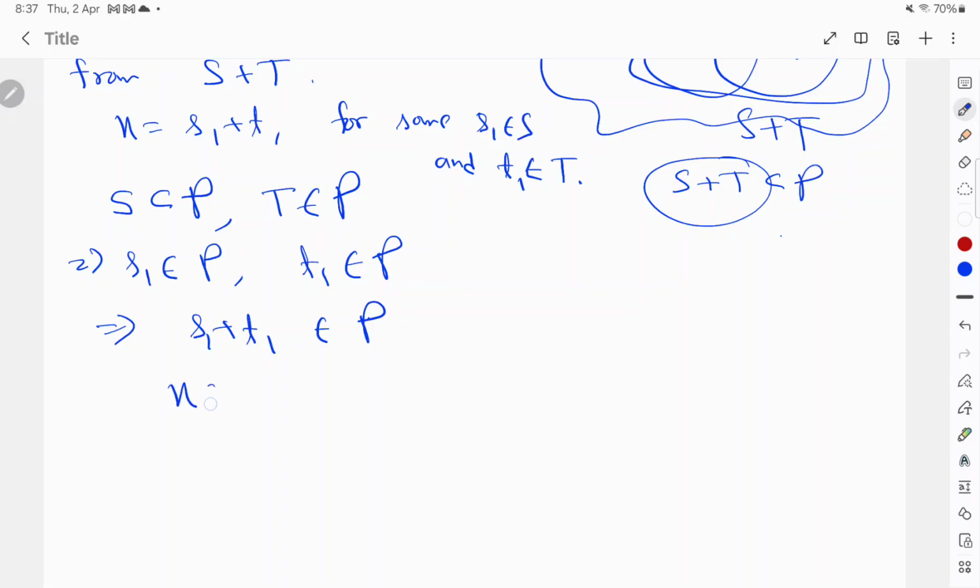So this proves X belongs to P. So what this proves is S plus T is a subset of P.